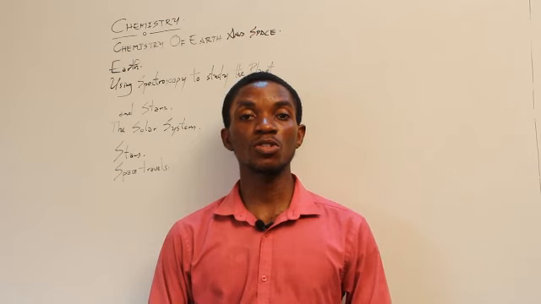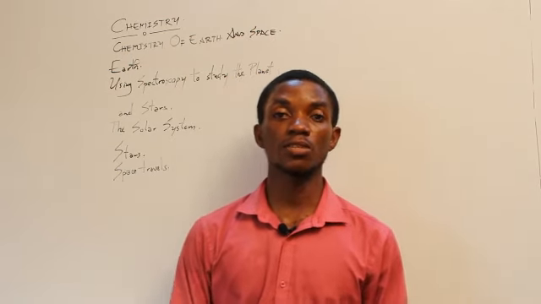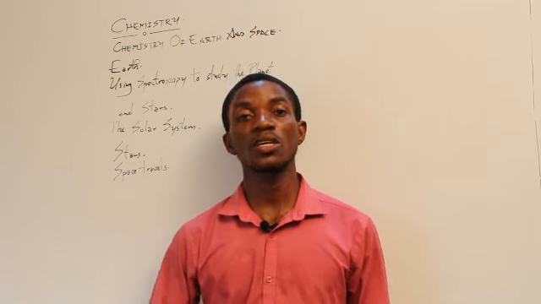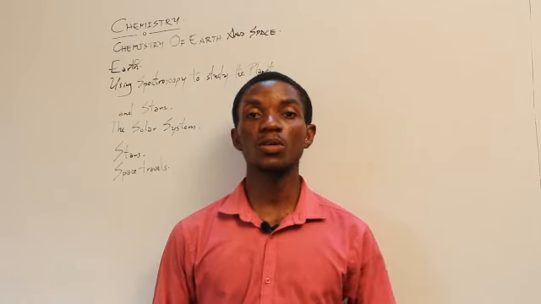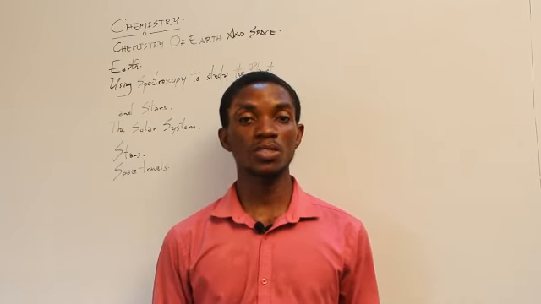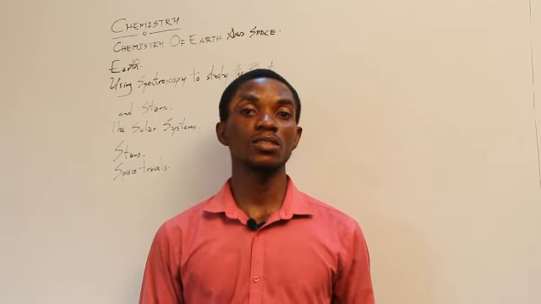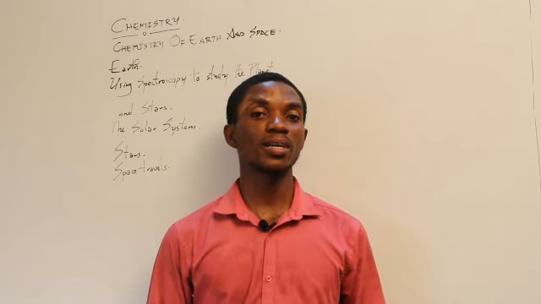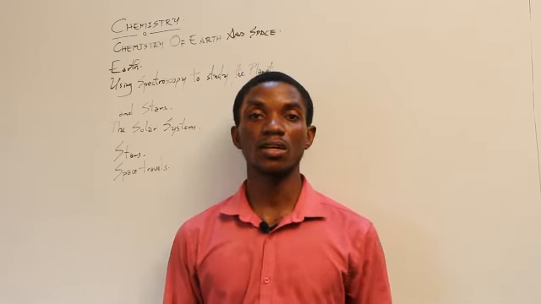We have nitrogen about 78%, oxygen about 21%, and carbon dioxide about 0.03%. Rare gases about 1%, 0.1%, and other substances like dust and water vapor occupy the rest of the percentage of the atmosphere.